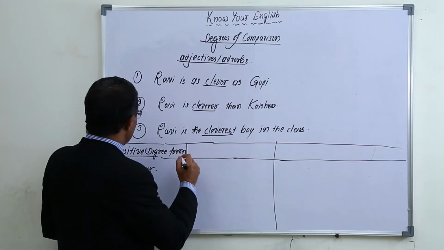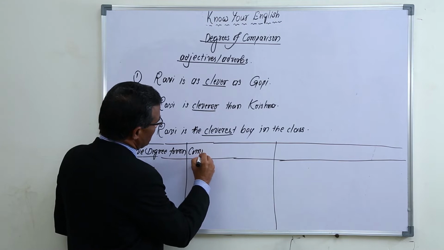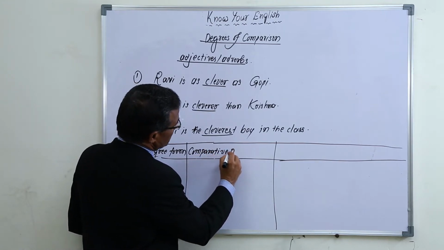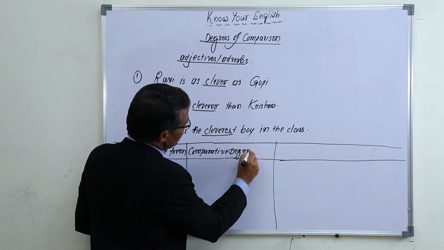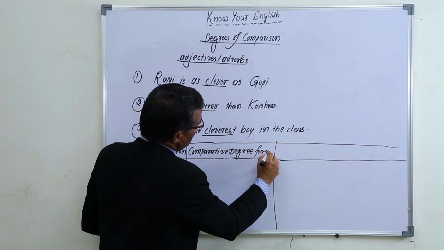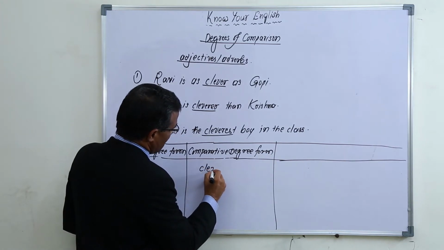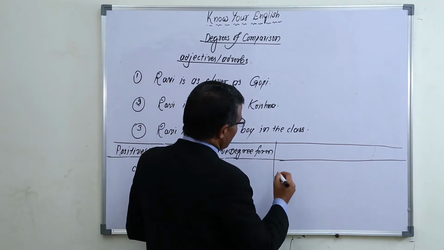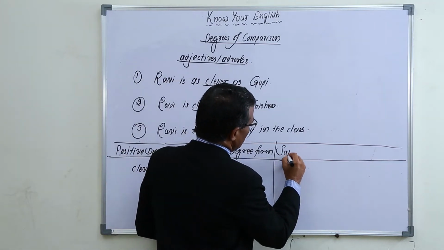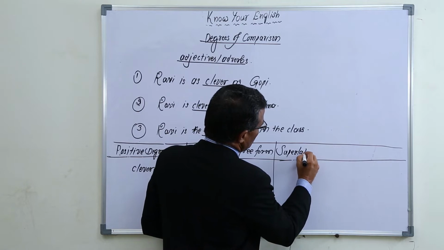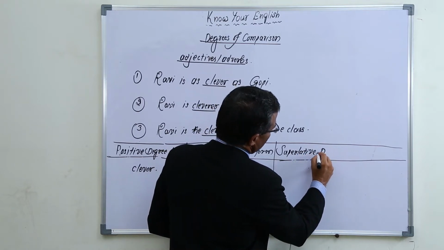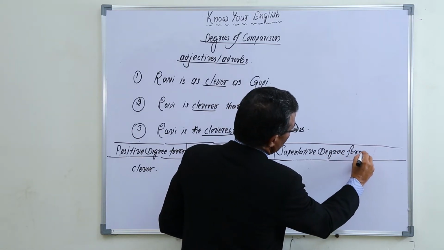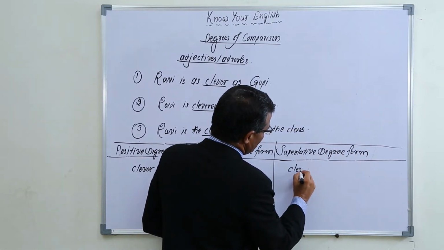And cleverer comes under comparative degree form. So cleverer comes under comparative degree form, and cleverest comes under superlative degree form. So under superlative degree form, cleverest comes.